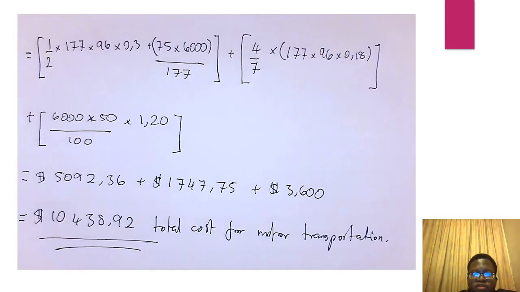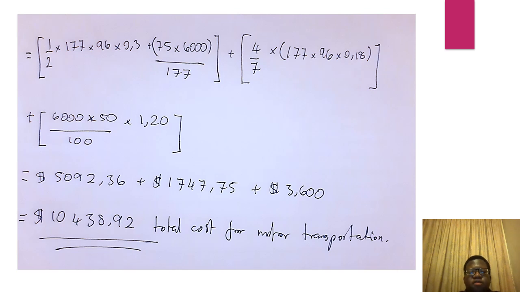So you see the first part, which was our annual cost for specific order quantity, when we calculated with the figures given, we got 5,097.36. Then when we include our in-transit time and our cycle time, 4 over 7, together to get the cost of inventory when it's in transit, it gives us 1,747.75.